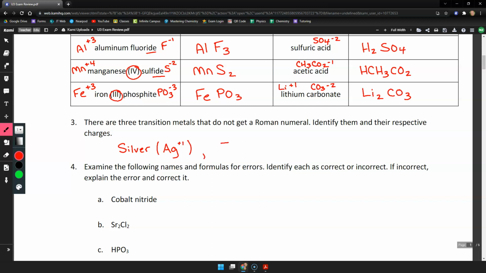We have zinc. This is one that we used recently in our lab. This one's going to be a +2 charge. And then finally we have cadmium. That's Cd, and it has a charge of +2.